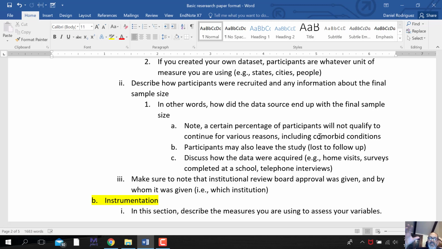As you read the documentation of the data set, you'll see that in some cases people were excluded from the data for various reasons. If you ever try to participate in a study, sometimes the studies will have criteria and say we can accept people who smoke, but we can't accept people who smoke and have emphysema, or who are smoking and taking varenicline, some medication, right? So there will be exclusion criteria. You have to note those.